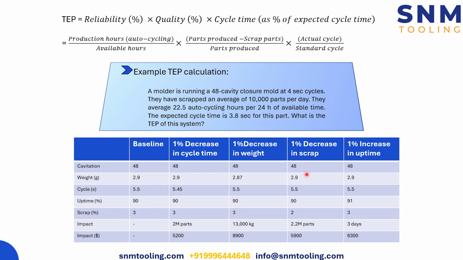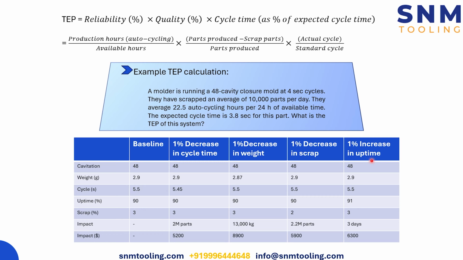Scrap, which was 3% earlier, will now be 2%, and the net increase in the number of parts will be 0.2 million. Earlier it was 0.2 million with 1% increase in cycle time. Now it's going to be 2.2 million with everything remaining the same, but the scrap being reduced from 3% to 2%. And the impact will be your $5,900, which is again very significant.